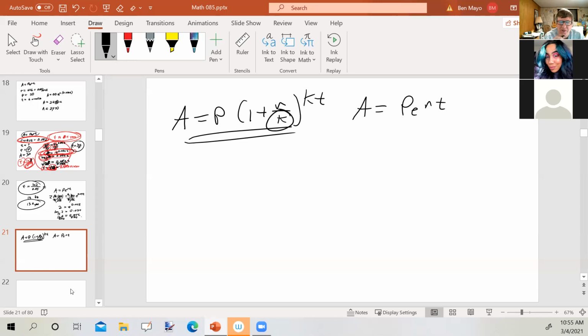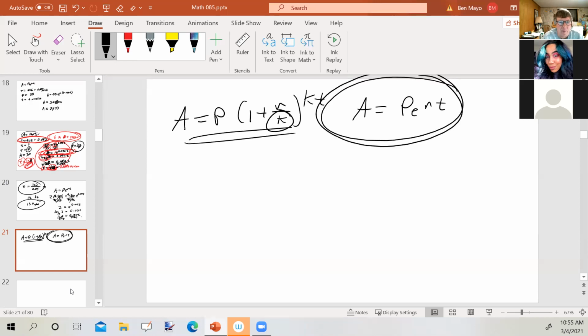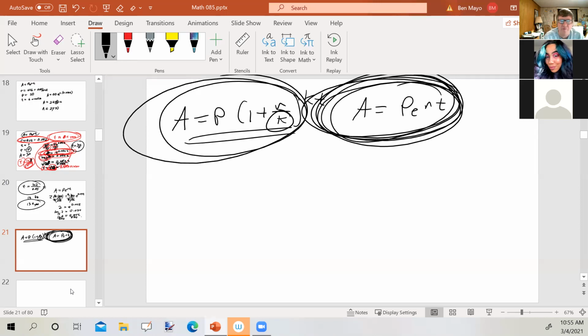But if it says it's compounded continuously, or if we're dealing with a population which grows or decays continuously, that's when we use that second formula. If it's talking about monthly or yearly or semi-annual or something, that's when we use that formula.